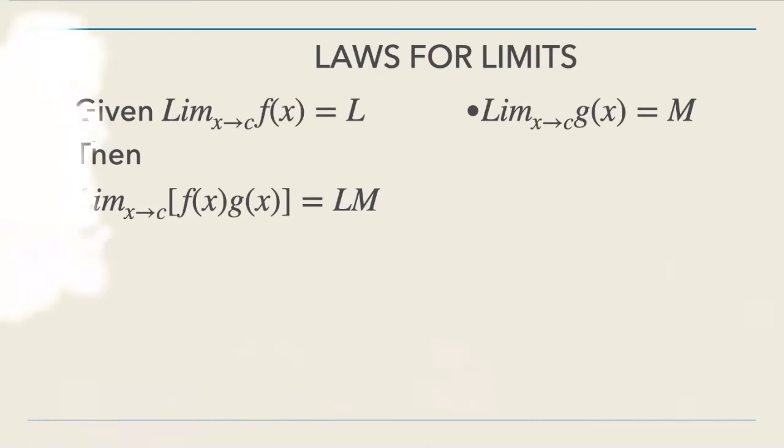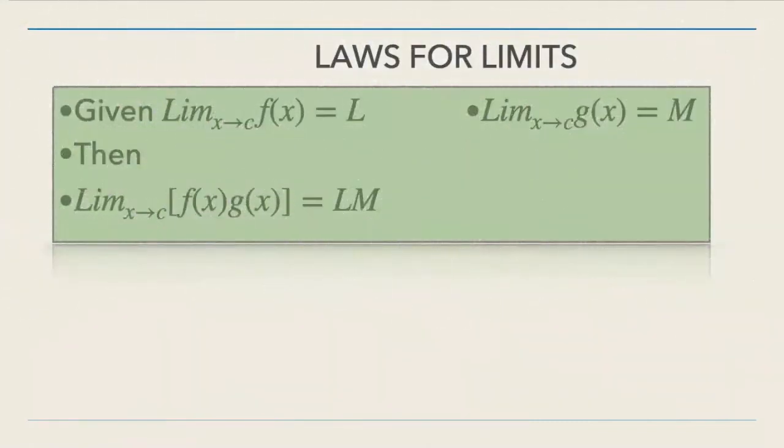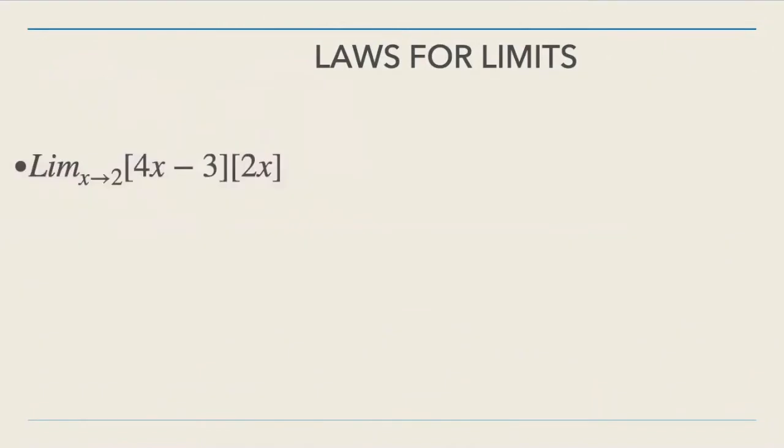So what do I mean? Let's get into the example. So say, for example, we have the limit as x tends to 2 for 4x minus 3 and 2x. What we can do is find the limit of each of the functions.